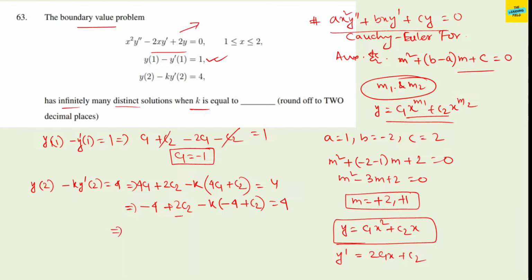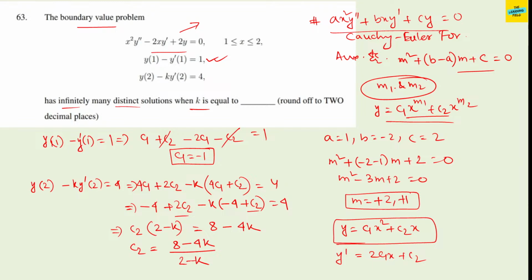So if we take c2 common, c2 into (2 minus k) and 4, this is equal to 8 minus 4k. So c2 equal to (8 minus 4k) by (2 minus k). I think I got the calculation correct.